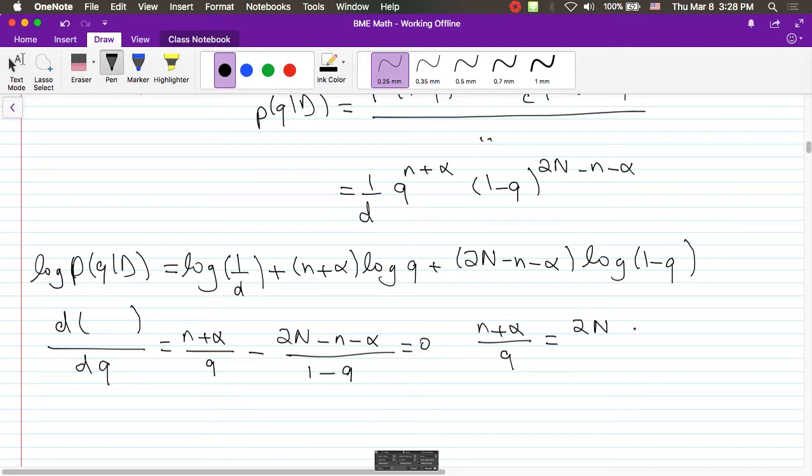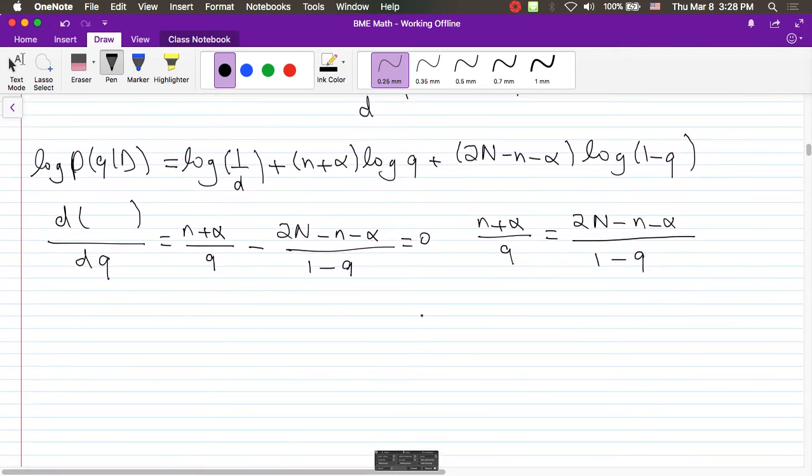So this is (2N minus n minus alpha) over (1 minus q). So I have (1 minus q) over q equal to (2N minus n minus alpha) over (n plus alpha).